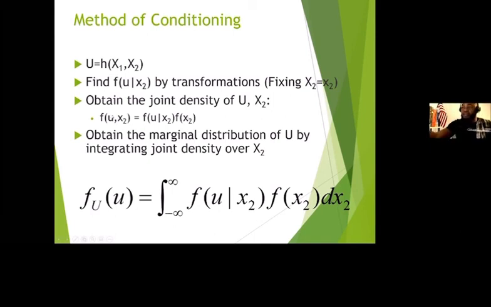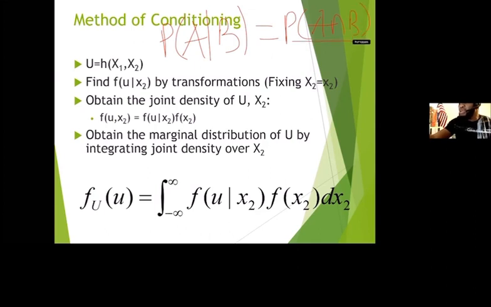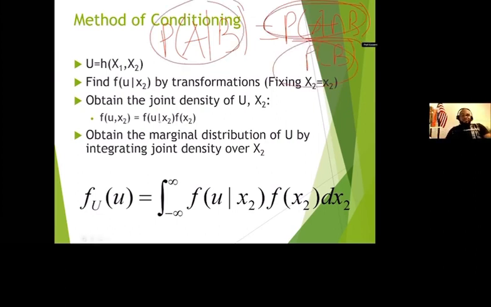Don't forget what we've done before: the probability of A given B is the probability of A intersection B divided by the probability of B. So if I want to find the joint, it's going to be this multiplied by that. That's exactly what we're trying to do right here.